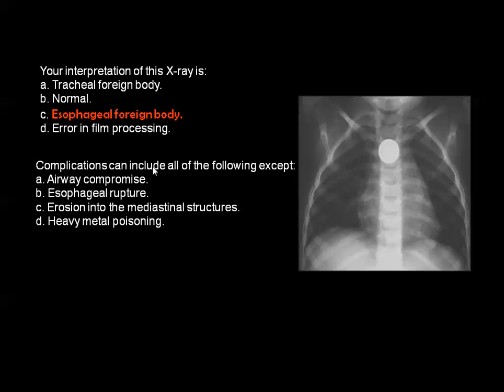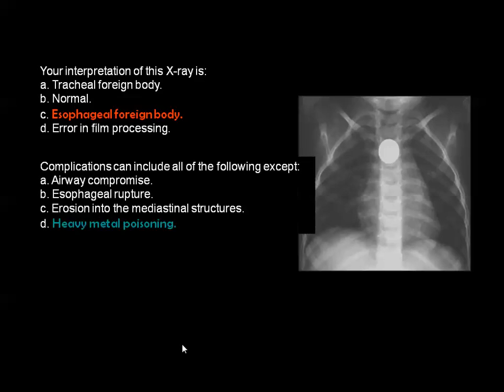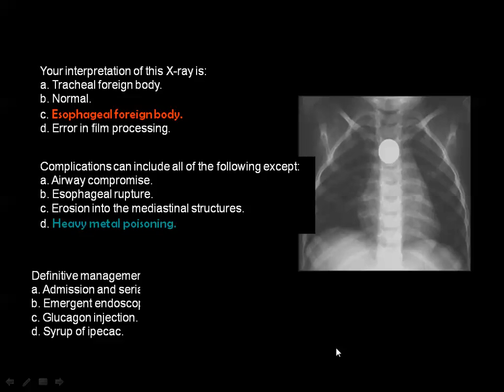Then complications of this foreign body include airway compromise, esophageal rupture, erosion of the mediastinal structures, heavy metal poisoning. All these can occur except the last one, heavy metal poisoning, because this needs a good time. The foreign body must be present at this site for a long time to initiate heavy metal poisoning.